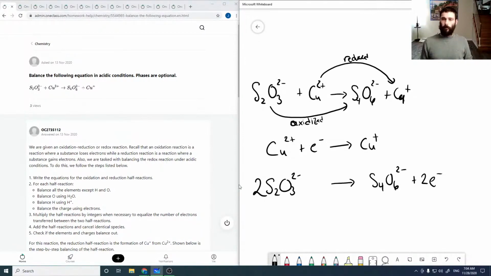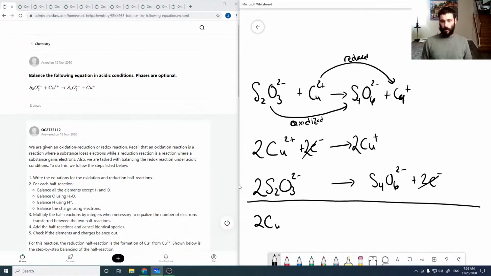Now we need to balance our 2 half reactions by the number of electrons. So this one has 2 electrons, this one just has 1, so we need to multiply this one by 2 throughout to balance the electrons. And now our balanced equation is just by summing these two, canceling the electrons.